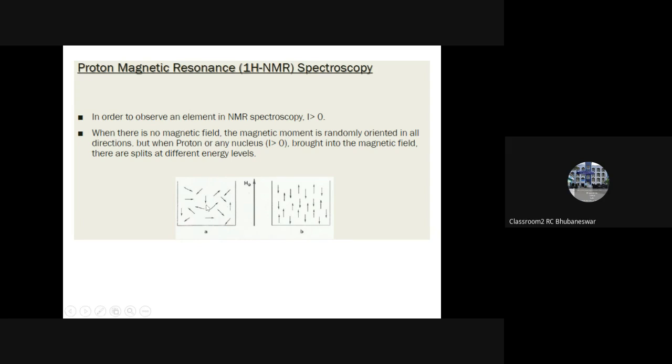Like in figure A, you can see the random movement of the spins. But when a proton or any nucleus with I greater than 0 is brought into a magnetic field, it splits into different energy levels, and you can see some uniformity in the spin movements.